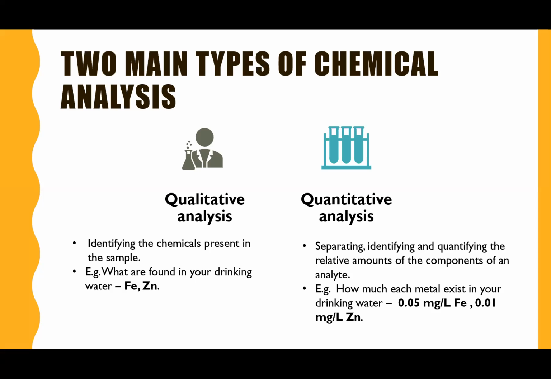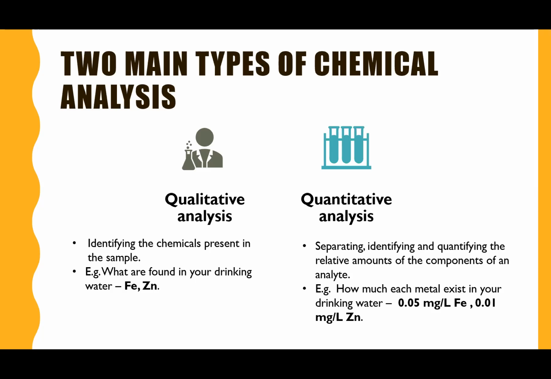What about quantitative analysis? Quantitative analysis is the process of separating, identifying, and quantifying the relative amounts of the components of an analyte. Okay, remember just now, analyte is the component of interest in our sample. For example, we have water sample. We want to know how much is our analyte, which is iron and zinc, in the sample. So we do quantitative analysis. Meaning to say that, in short, quantitative analysis is about how much each of your analyte exists in your sample.